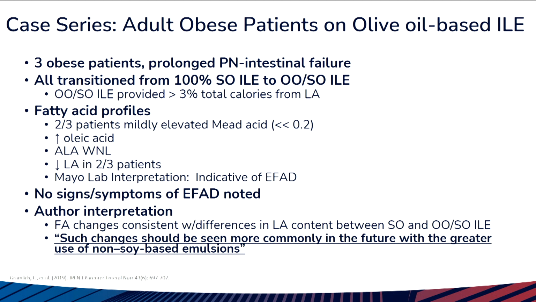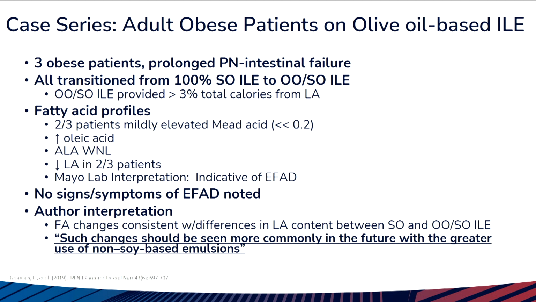Mayo Lab's interpretation was indicative of EFAD. They had no signs and symptoms. And in the study, the authors' interpretation of this was that these fatty acid changes were consistent with the ILE they received. So they went from 100% soybean oil to an olive oil based. So you're looking at these are consistent with changing the composition.